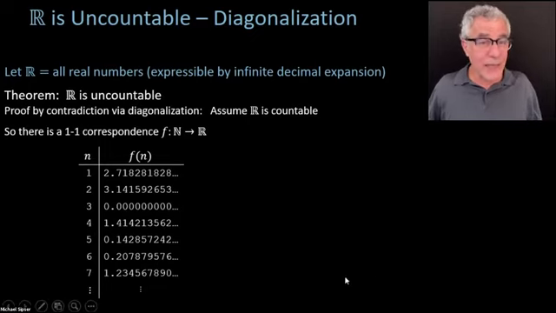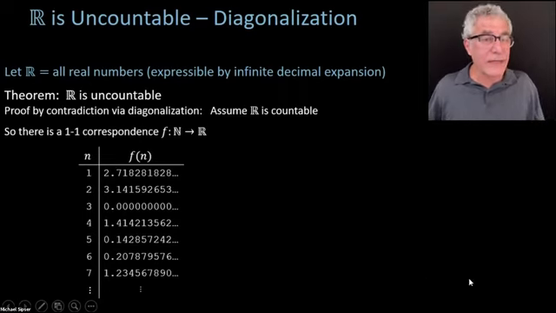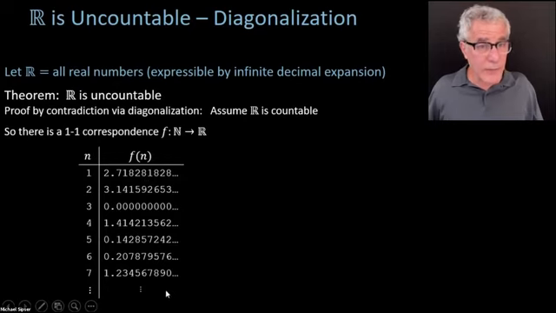It's i to the ith power, but let's not get hung up on that, please. i to the ith power, oddly enough, can be seen as a real number if you define the imaginary exponentiation, which is weird. But anyway, let's not get too distracted. So here's my list of real numbers that I've matched up in my table here with the natural numbers. Now I claim something goes wrong.